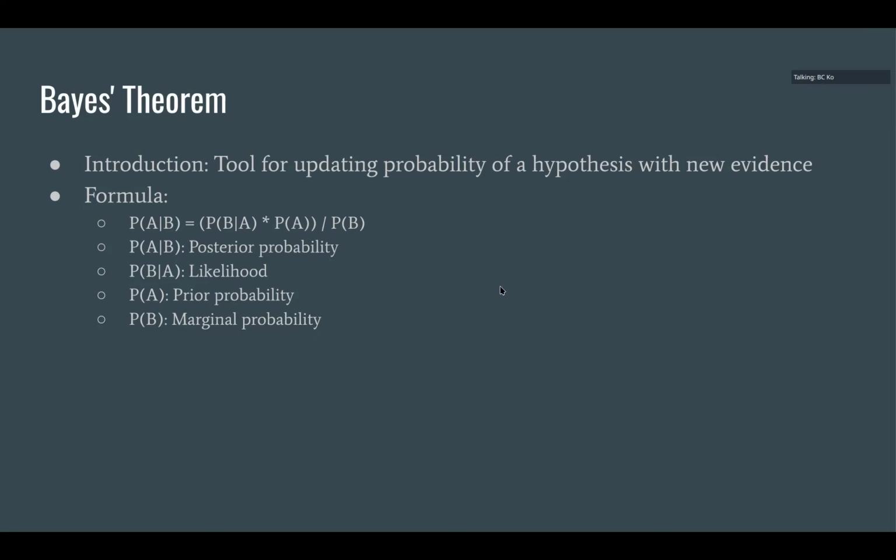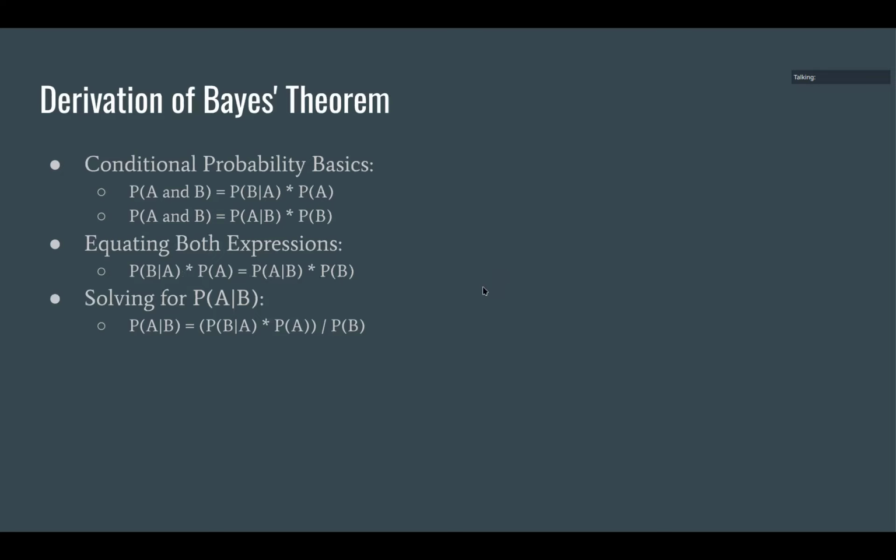So let's look at how this theorem is derived. Derivation of Bayes' theorem. In order to derive Bayes' theorem, we will start with the basics of conditional probability.